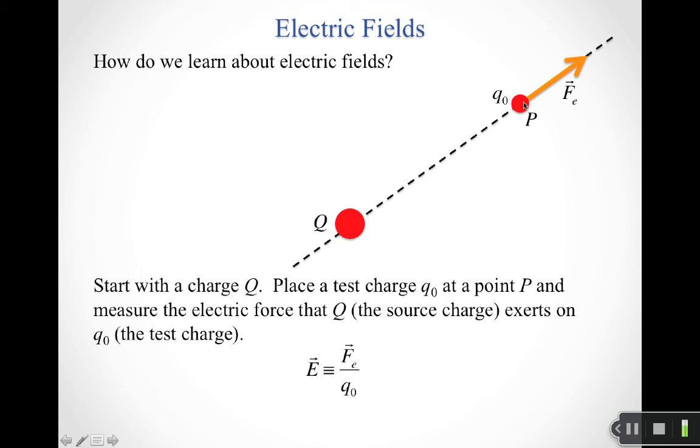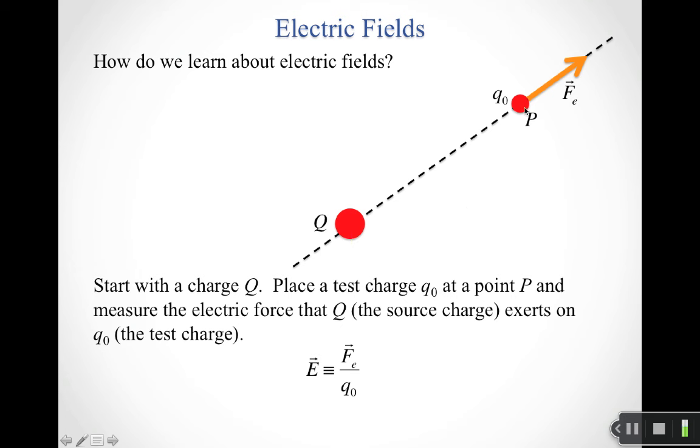It doesn't matter what charge we use. Our force is going to depend on two charges, both the source charge and the test charge. But we're dividing out the test charge so that the electric field just depends on the source.